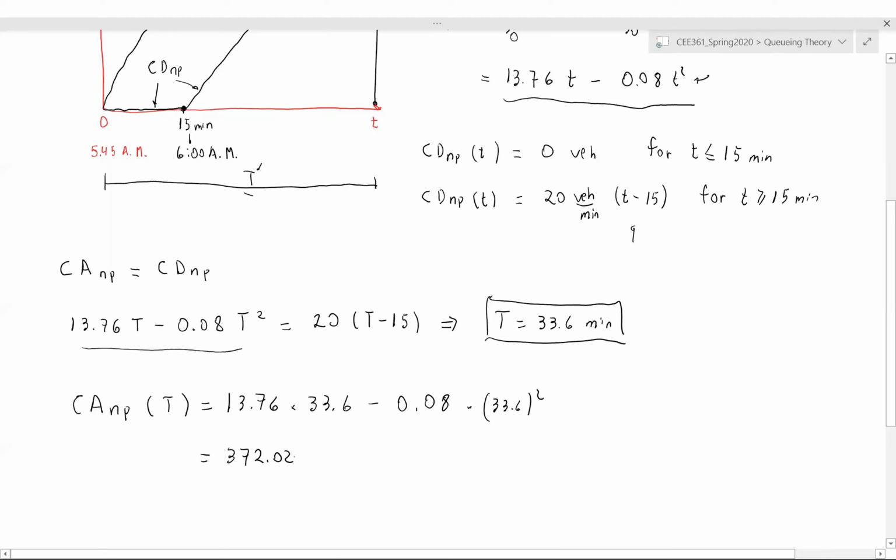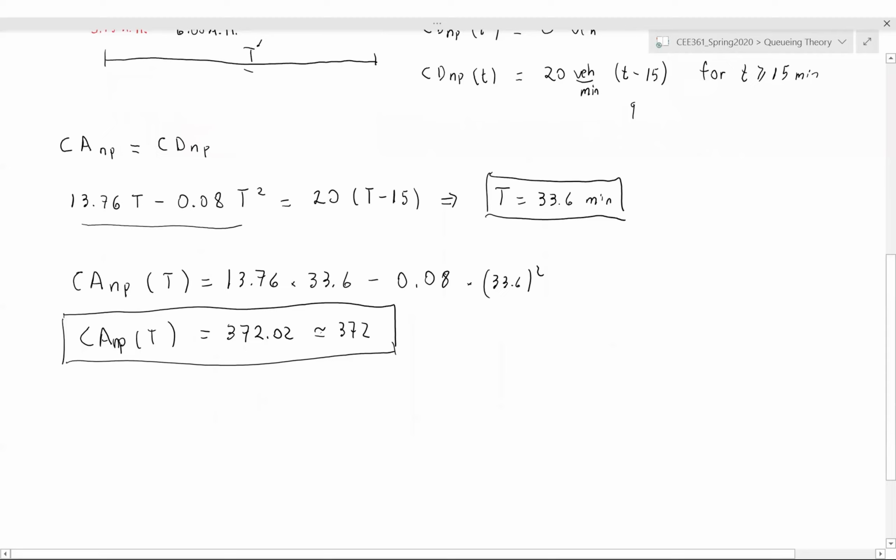And again, we don't have fractional vehicles, so that would be 372. But for intermediate calculations, usually I will use those numbers. That's how many vehicles arrive. That's typically another thing you want to compute in this type of problems.